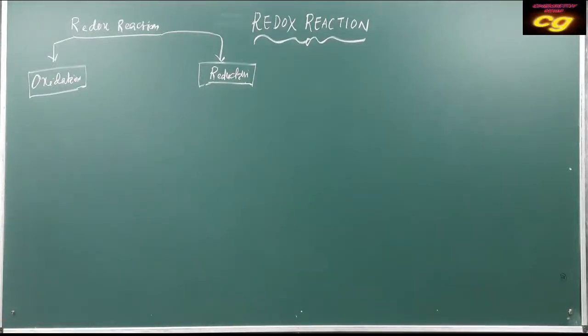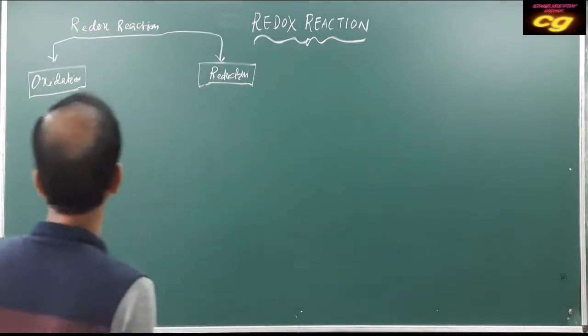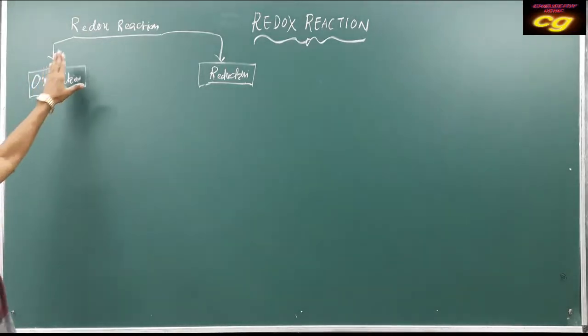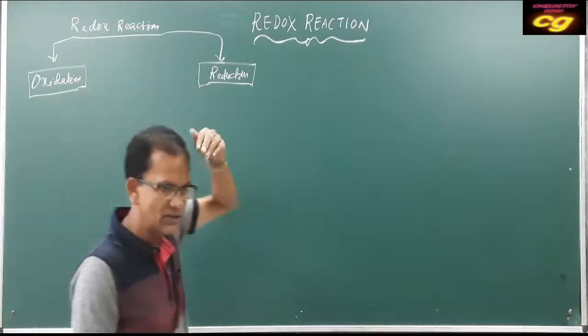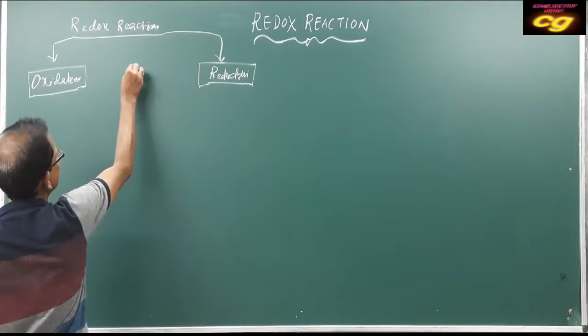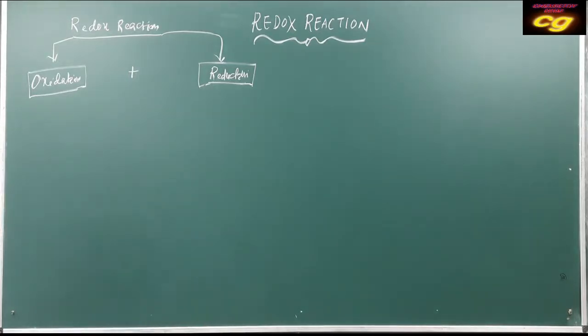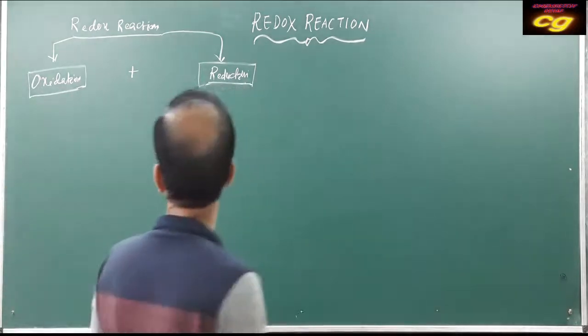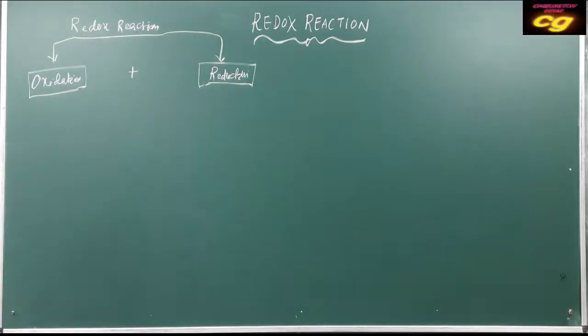Oxidation reaction and reduction reaction, there are mainly two types. When both take place, it is called redox reaction. Where both oxidation and reduction reactions take place, it is called redox reaction.